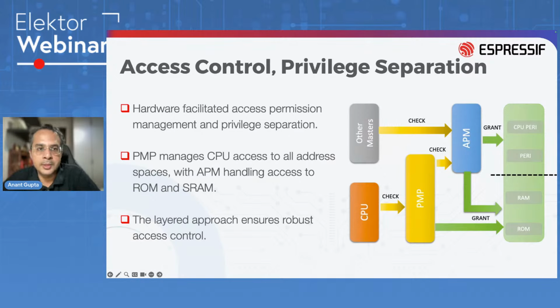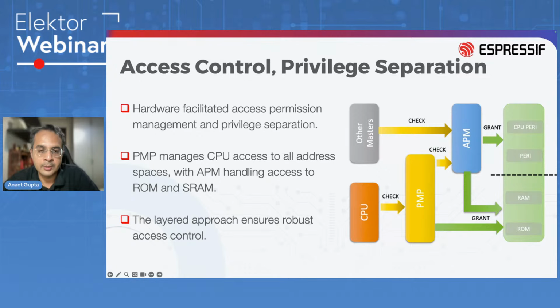Then we have the very interesting access control and privilege separation, which is basically what TEE implementations can be achieved with. It is hardware-facilitated access permission management and privilege separation. You could provide different regions in your software with different access rights, and you have 16 such regions defined.